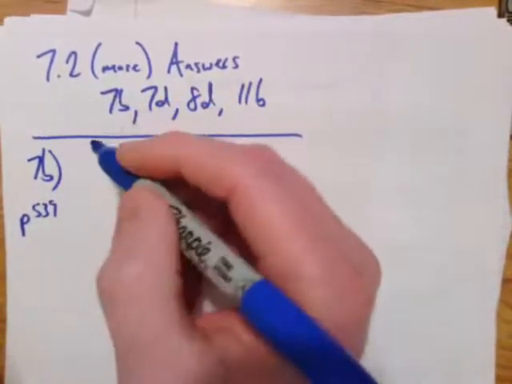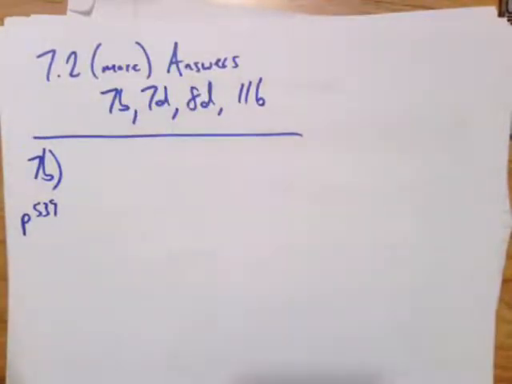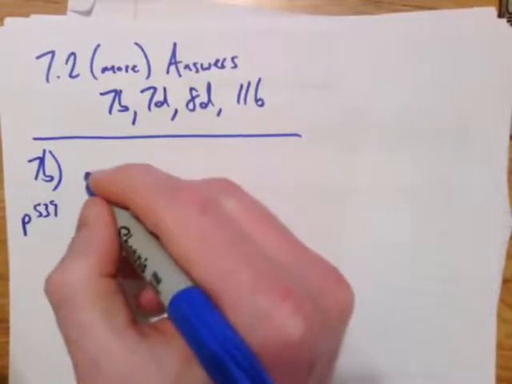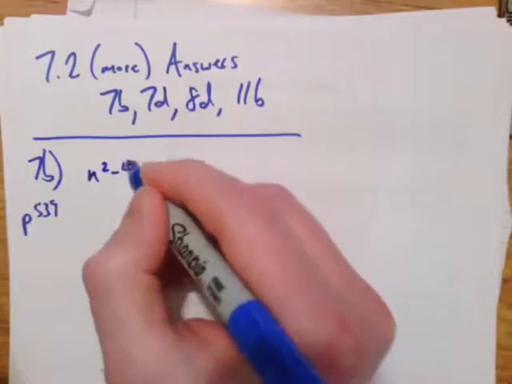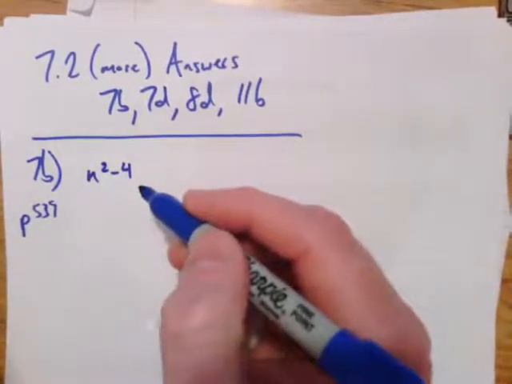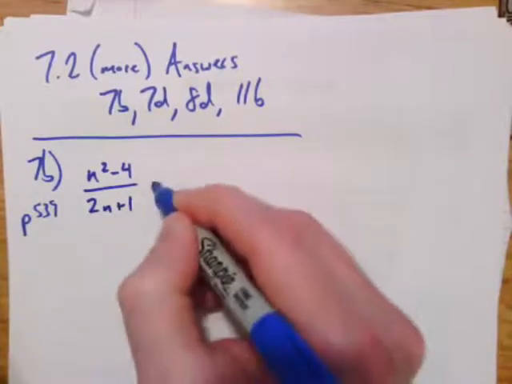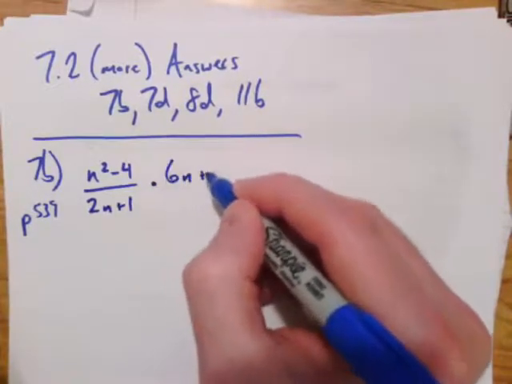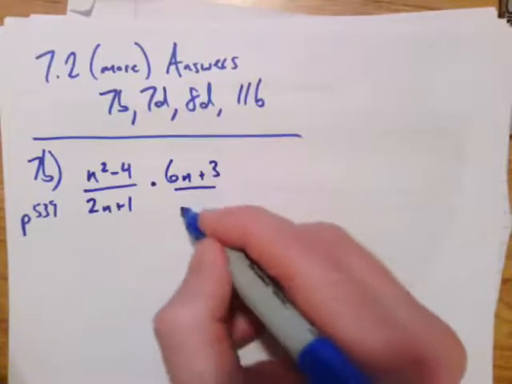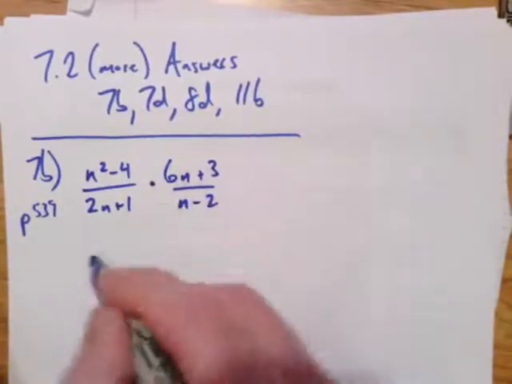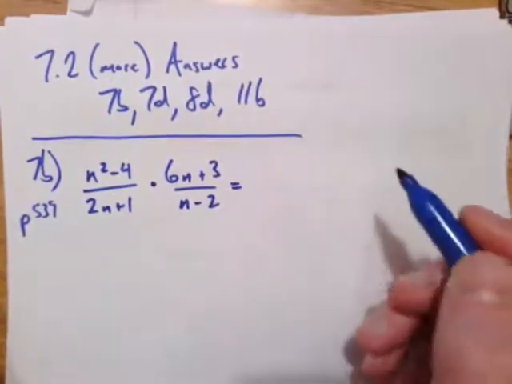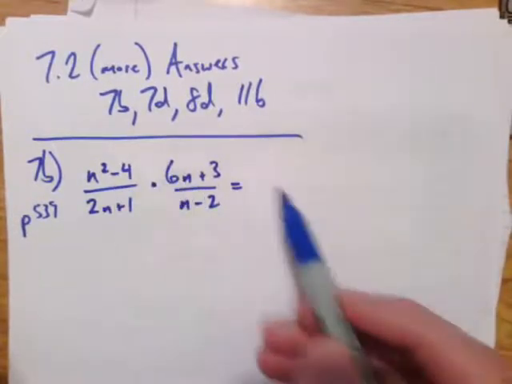Simplify each expression. So we have n squared minus 4 over 2n plus 1 times 6n plus 3 over n minus 2. Let's factor and get rid of the dots, put everything in brackets.